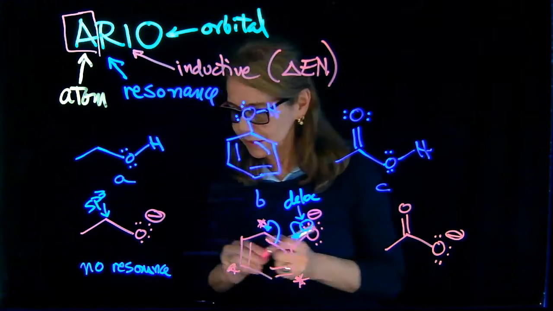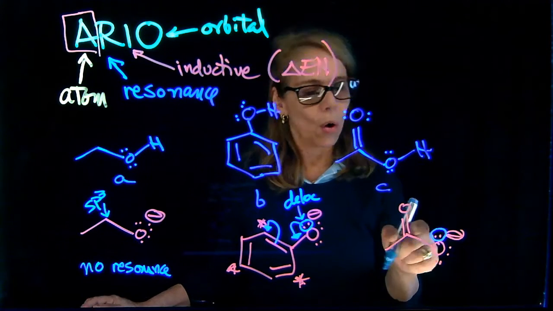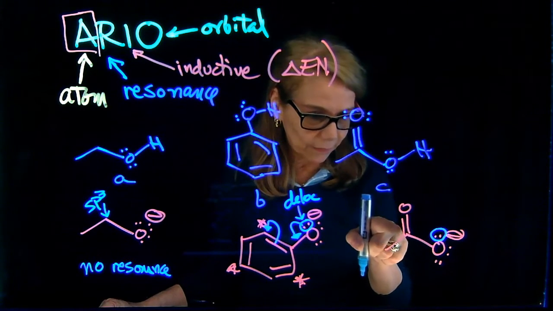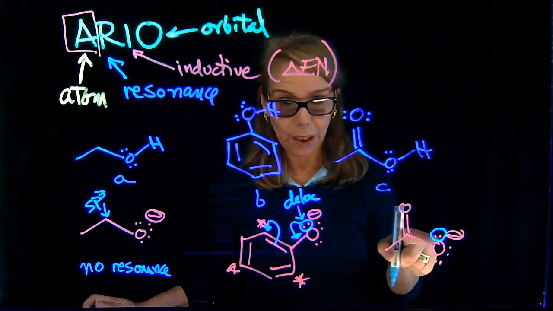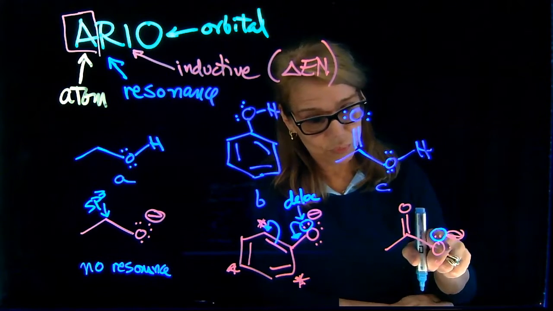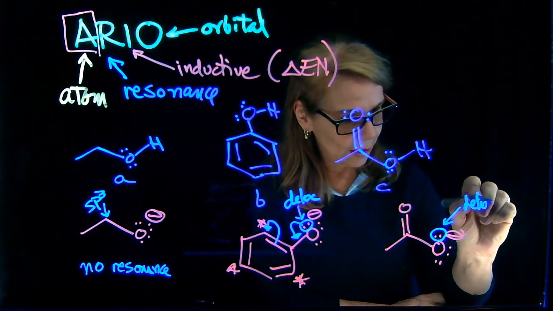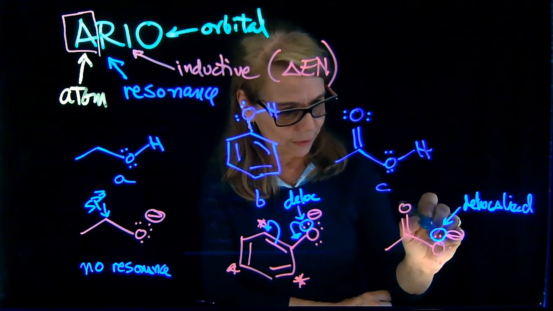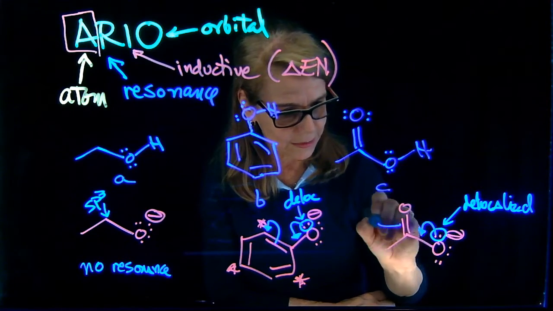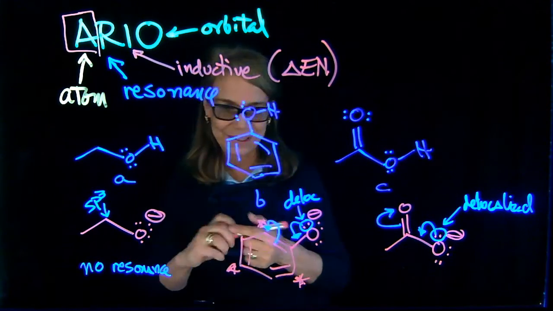Now, if I do my resonance here, again, we have one lone pair that is allylic, so next to a double bond, and the other two will be localized. Two localized, but this one being delocalized, I can do resonance. That means I can move those electrons like that. This time I'm going to draw the resonance structure here. We didn't have much room, right?